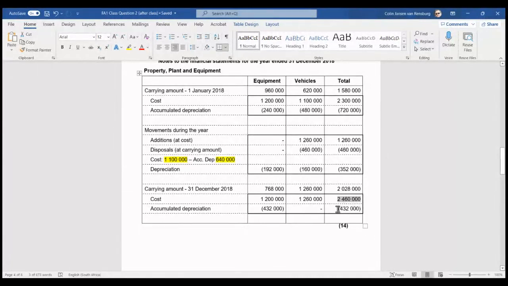Take that amount less that amount, the cost less the accumulated depreciation. That must also give you that amount. And when you add those two up, it must also give you that same amount. Sorry for that little hiccup there. So maybe just repeat: that amount less that amount must also give you that amount.